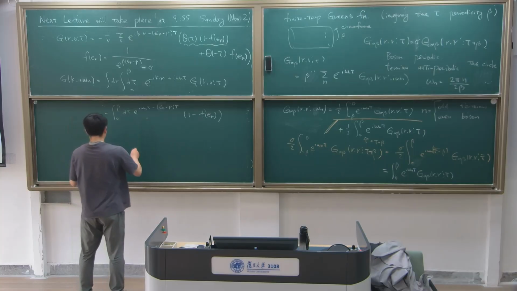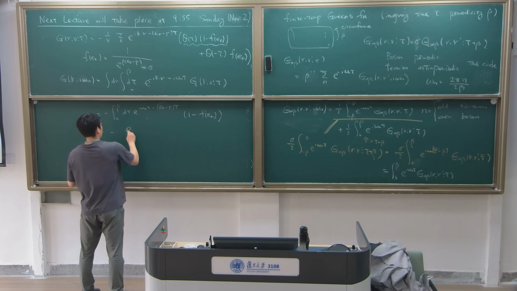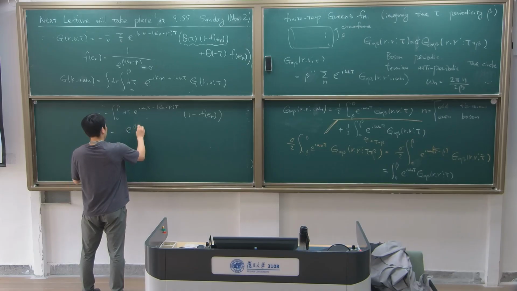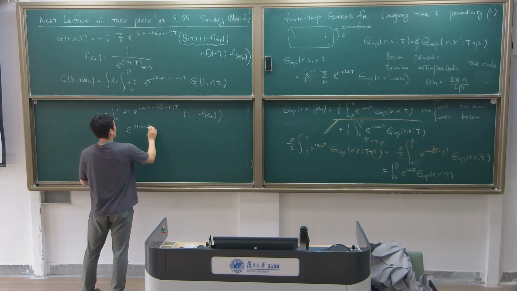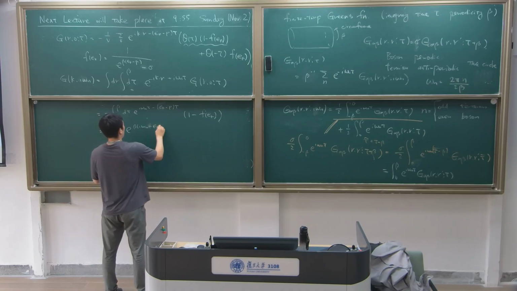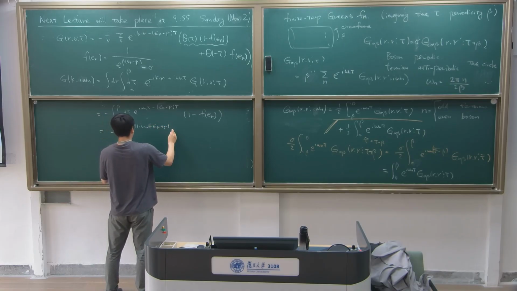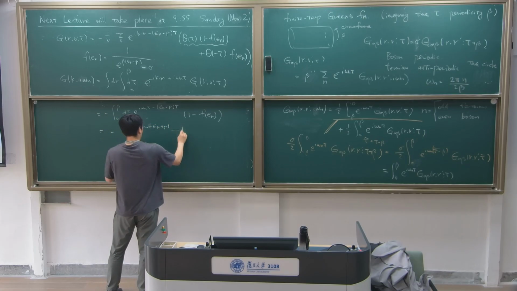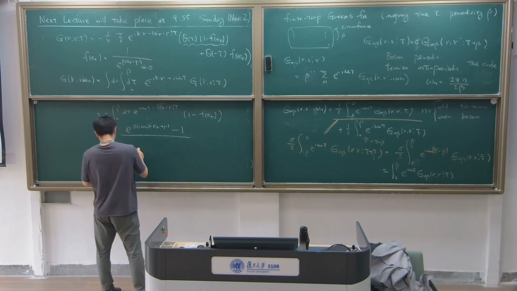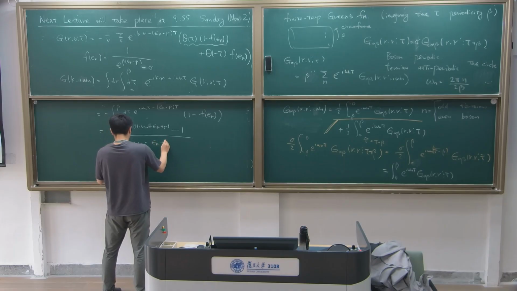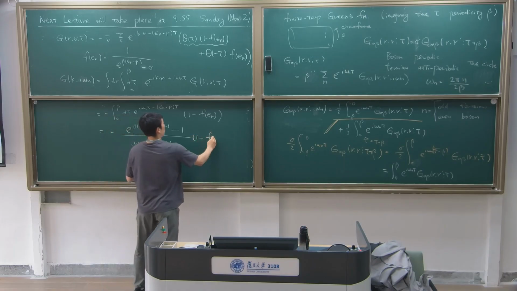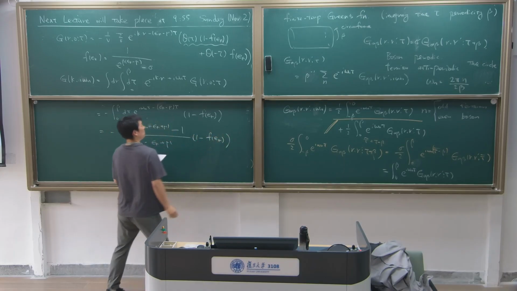So this is just a simple integral, so you can perform this integral. Then you have omega n plus. Like this.